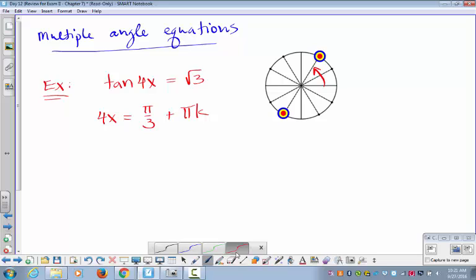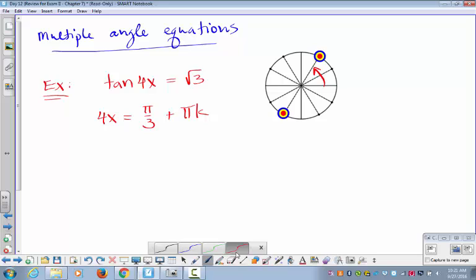Then you would go over here, and you would have to do 4 pi over 3 plus 2 pi k. But when your solutions are opposite like this, opposite on the unit circle, you can do just one statement and use a pi k instead of a 2 pi k. Okay, so those are pictures for the solution to 4x.